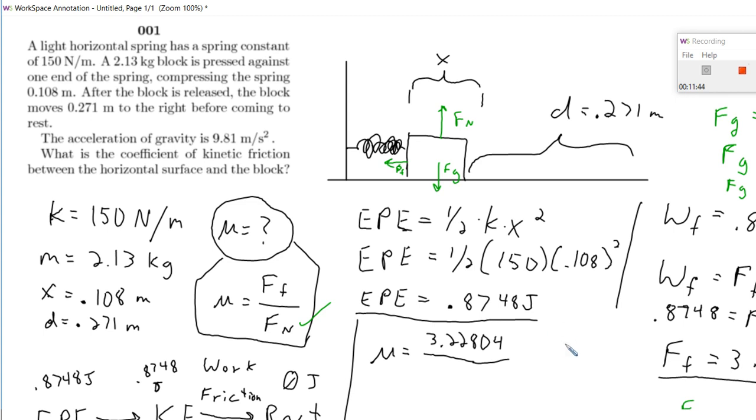And I'll just record it down here below. So looking real quickly, turning on my calculator, 2.13 times 9.81, 20.8953. So that will be, for me, 20.8953 newtons. Excellent. So let's just go ahead and put that in here, 20.8953.